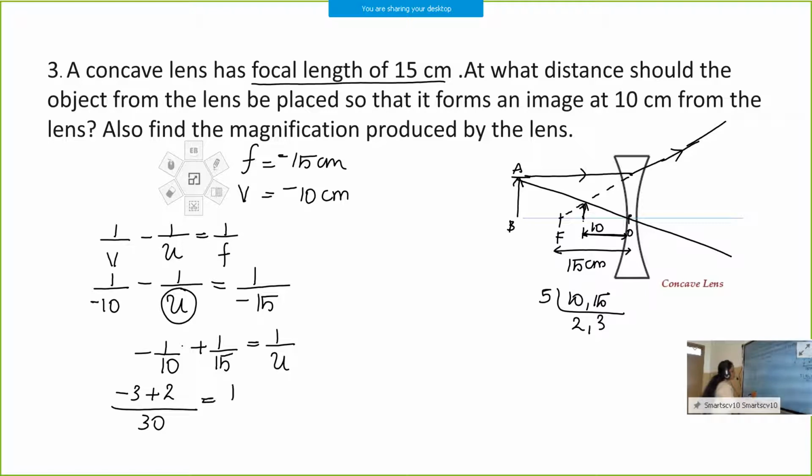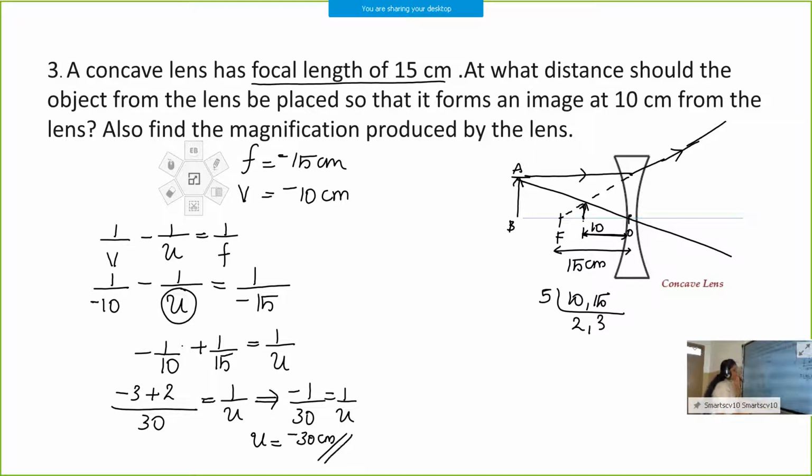It is equal to 1 by U. So minus 3 plus 2 is minus 1 divided by 30 is equal to 1 by U. So 1 by U is minus 1 by 30. So what is U? U is equal to minus 30 centimeter.